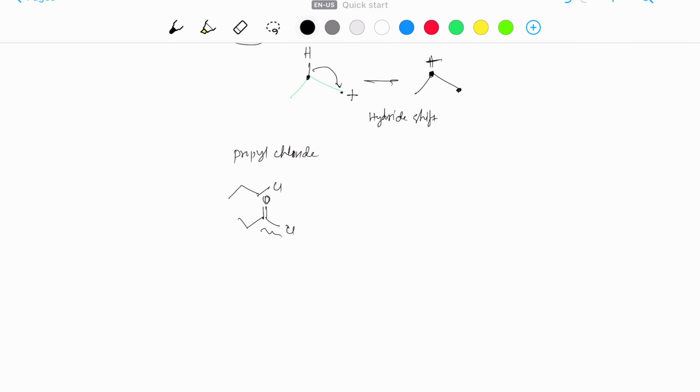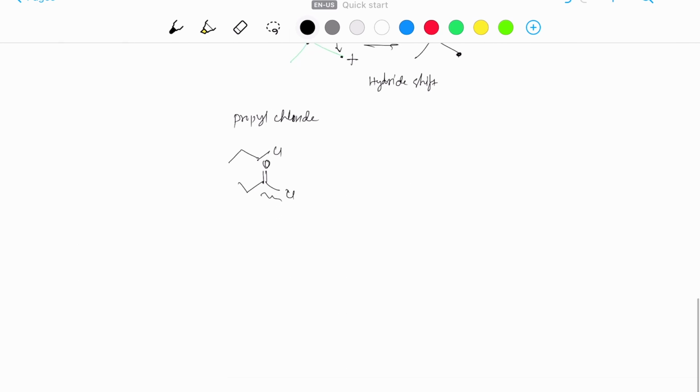Great. Now let's say that we have this acyl chloride, and this chlorine has lone pairs of electrons. Now somewhere we also have this aluminum chloride or Lewis acid, and it can accept electrons.